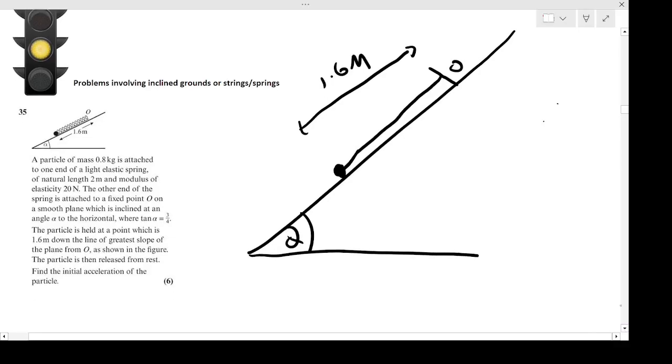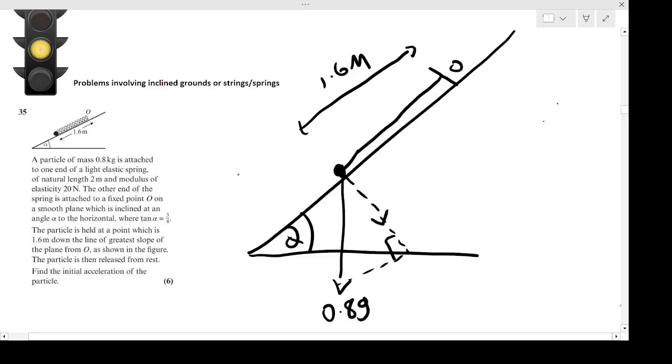Then I need to consider my forces. Well, firstly, again the particle is going to have a weight. Now the mass is 0.8, so it's going to be 0.8g. But of course, with these slope questions, we also need to split up the weight like this.